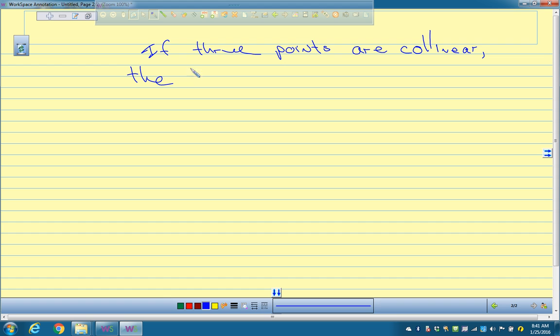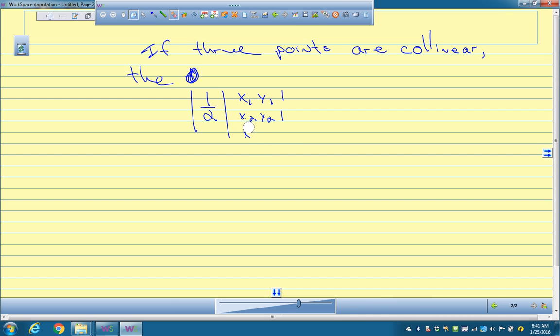Then 1/2 times the determinant of x1, y1, 1, x2, y2, 1, x3, y3, 1. What would that be equal to?